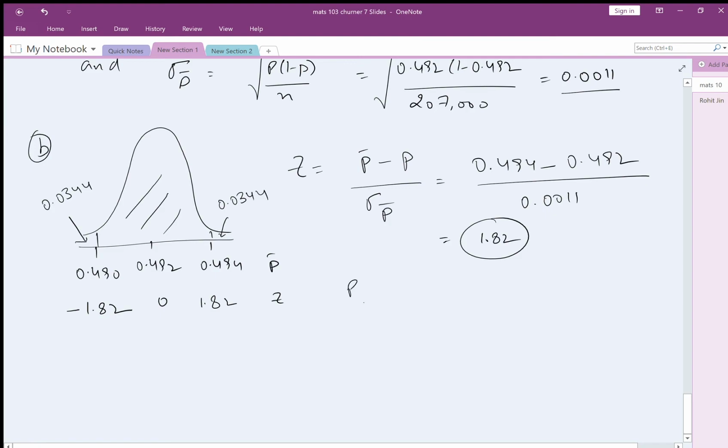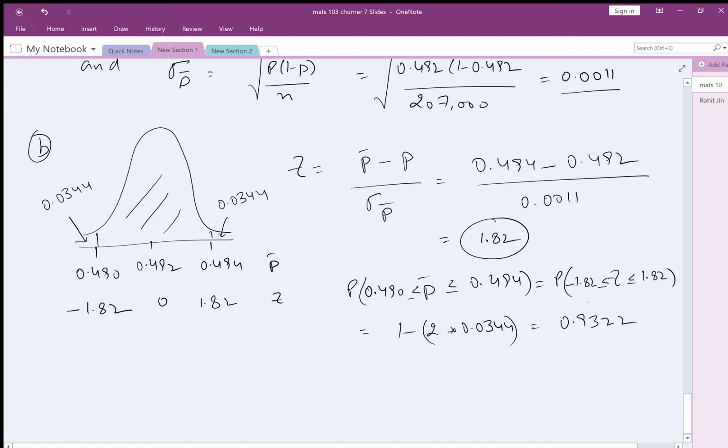So the probability that p bar is between 0.490 and 0.494 is the same as the probability that the z-score is between negative 1.82 and positive 1.82. So this is equal to 1 minus twice 0.0344, right? And then that is equal to 0.9322. So that is the answer.